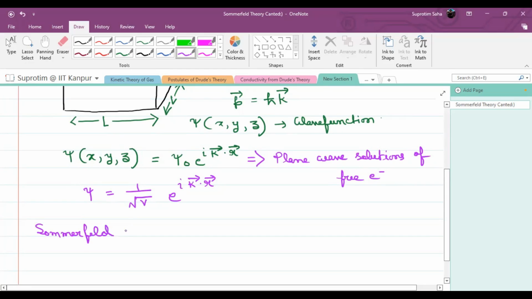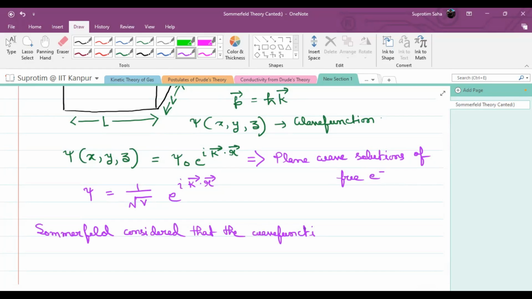Sommerfeld considered that the wave functions of the free electrons wandering about freely inside the cubical box in the model, and we are taking plane wave solutions for these electrons to satisfy the Schrodinger equation.